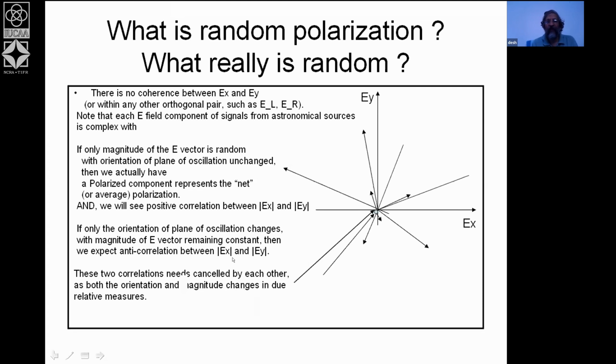So in reality, both these correlations, one positive and one negative, are cancelled perfectly by the dance which is done both in orientation as well as in the magnitude. And so you will find that these cancel perfectly, leading to the zero correlation that we actually see. So the important part is, while we might as a convenience immediately think of orientation changes, remember that orientation changes alone will not give you net zero.